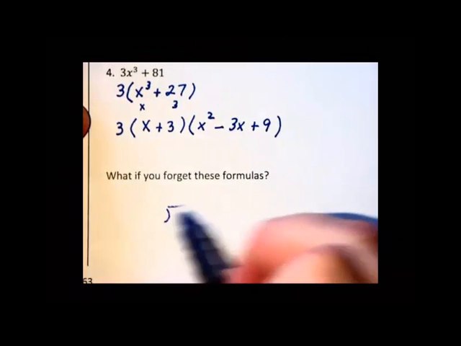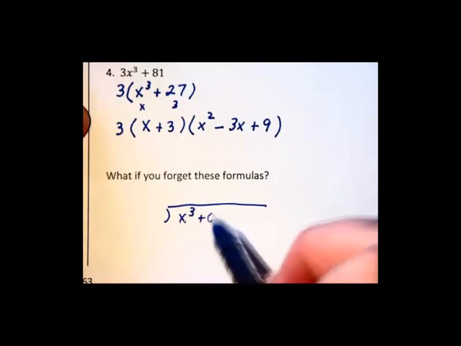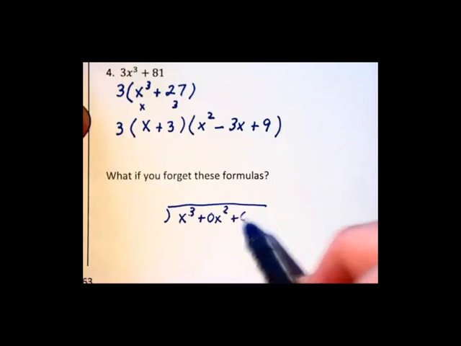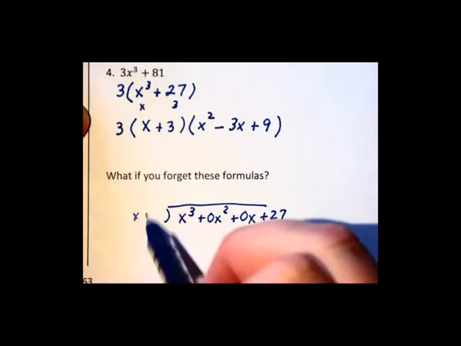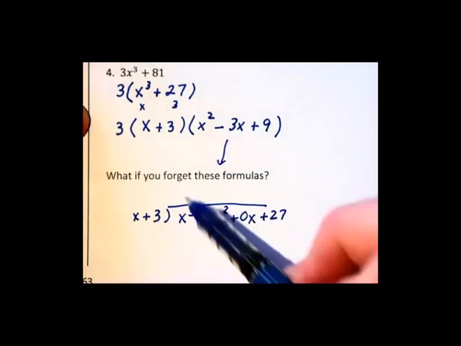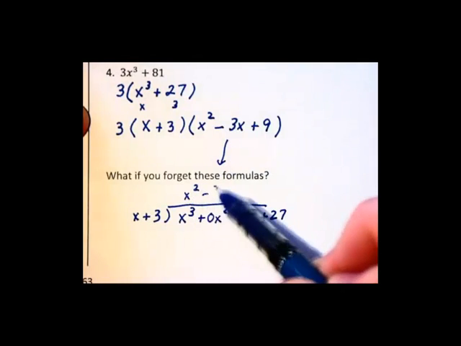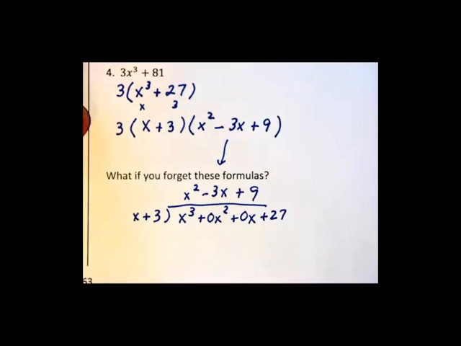You could take the x cubed plus 0x squared plus 0x plus 27 and do some long division with the x plus 3, and you should find that x squared minus 3x plus 9 is what you get as your quotient. So you really are without excuse in terms of memorizing this formula. There is another way through this process.